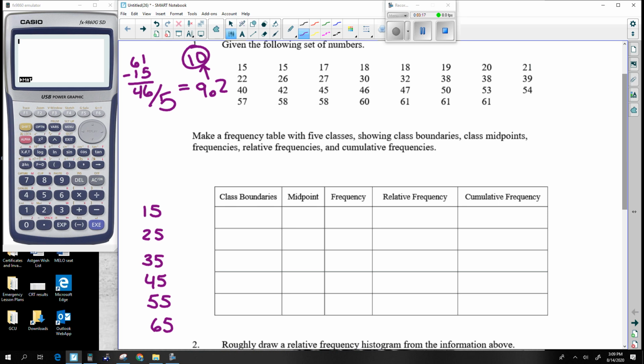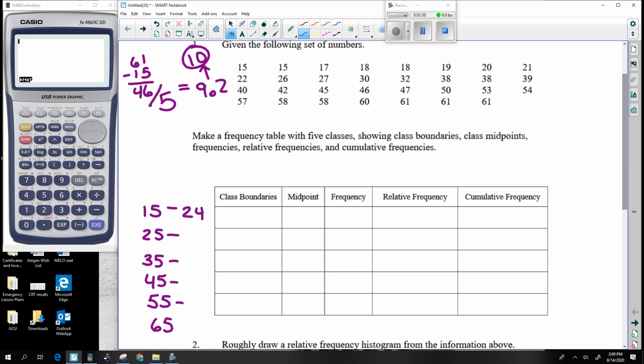Because I need to know, where do these class boundaries end? For instance, this first class boundary begins at 15, but where does it stop? It stops right before the next one begins. So if the next category begins at 25, this first category would have to end at 24.